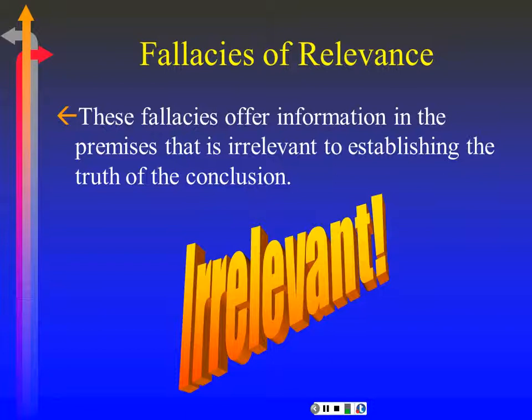In other words, even if the premises are true, the truth of the premises would be utterly irrelevant to establishing the conclusion of these fallacies as true. So that's why we call them fallacies of relevance.